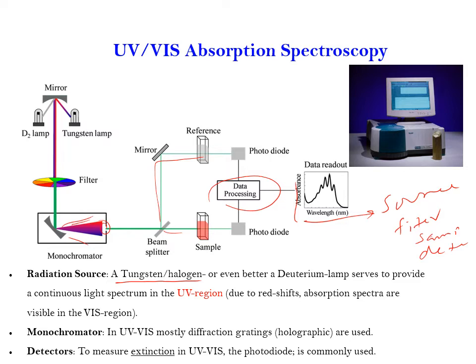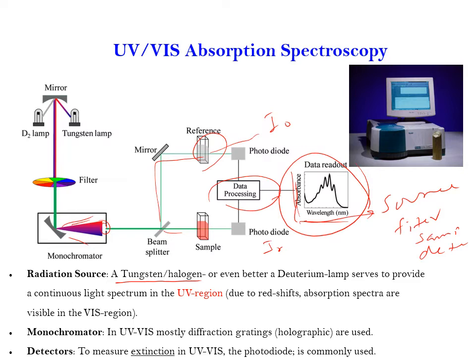The reference measures the incident light because there is nothing on the reference, whereas the photodiode on the sample side measures the output intensity I. So this data processing unit calculates the absorbance and plots it according to the wavelengths. This is called a spectrum. Absorption or absorbance with respect to wavelength is called a spectrum.